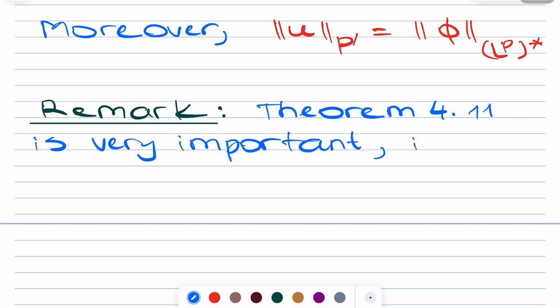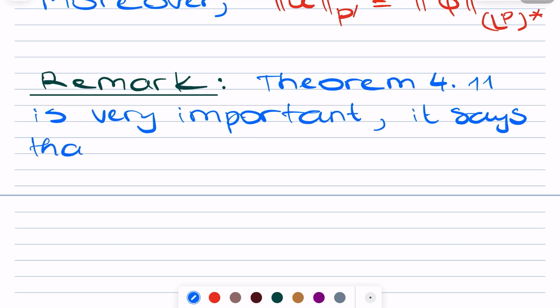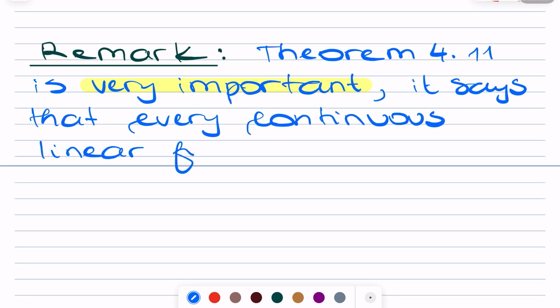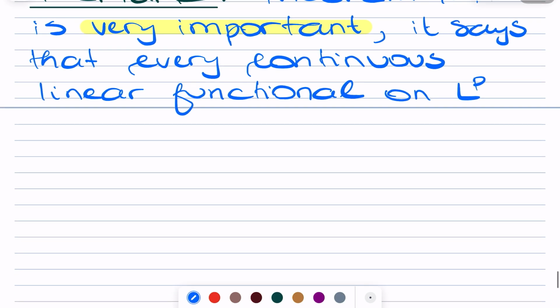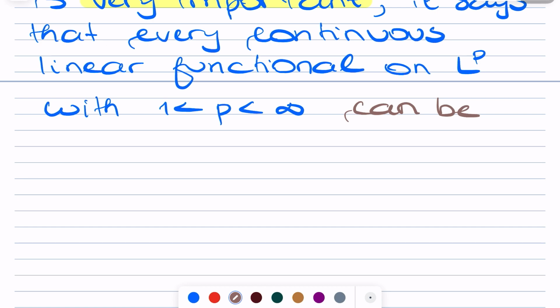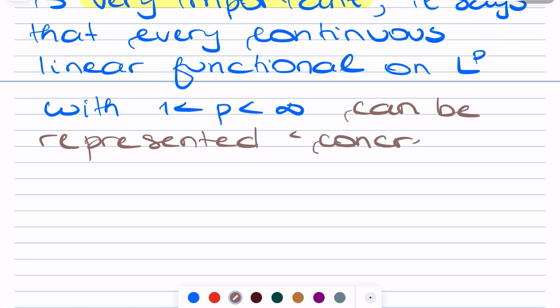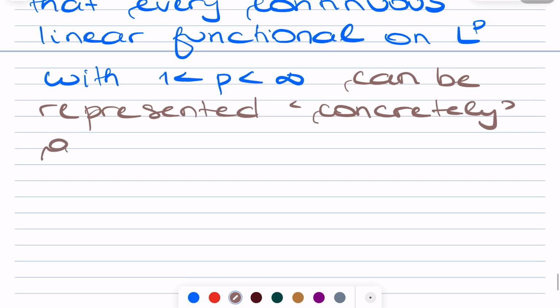It says that every continuous linear functional on L^p, of course in the case p between 1 and infinity, can be represented, so to speak, concretely as an integral.